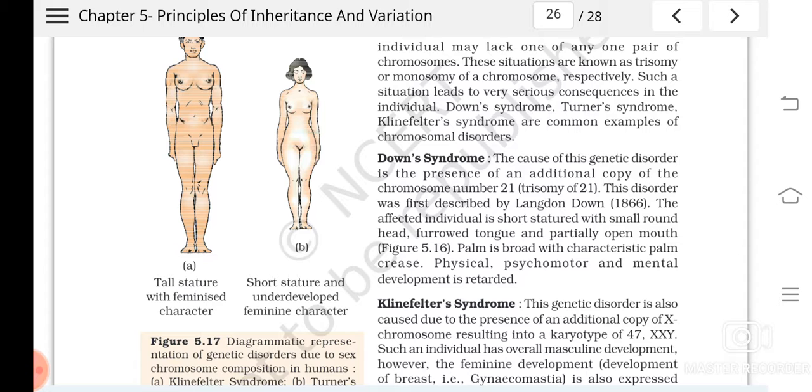So the symptoms of these diseases are what? They are short statured with small round head, furrowed tongue, partially open mouth. Palm will be broad with characteristic palm crease. Then physical, psychomotor and mental development will be retarded.